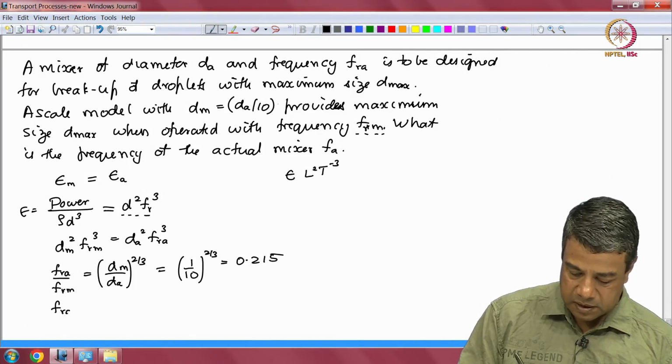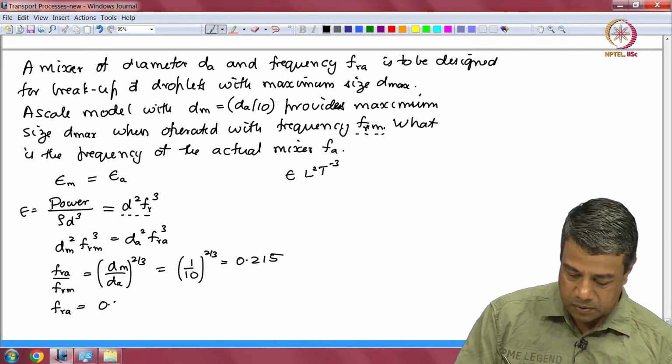That means the actual reactor has to have a frequency which is 0.215 times the model reactor.